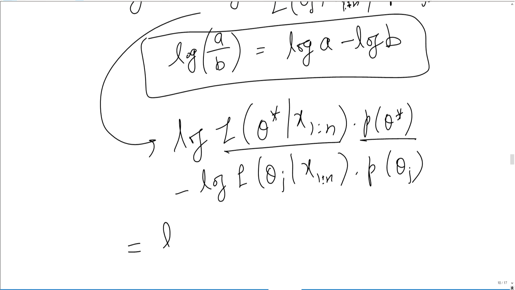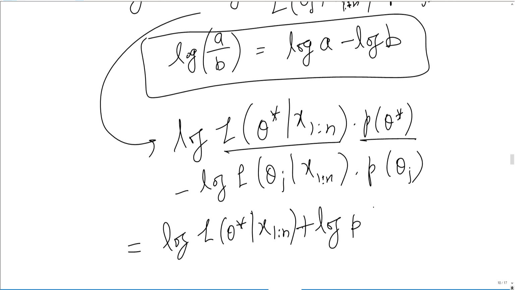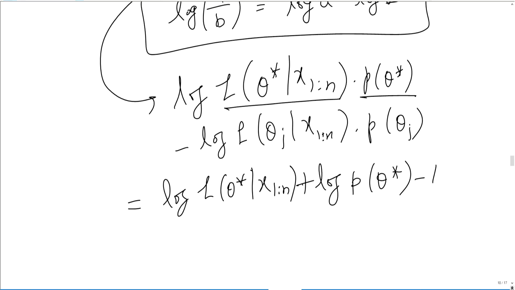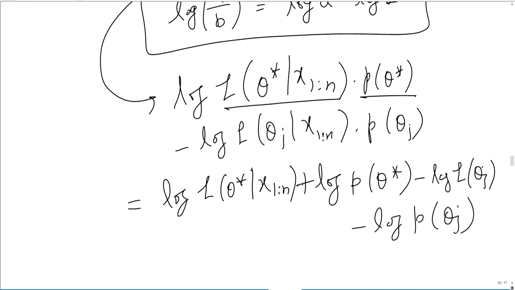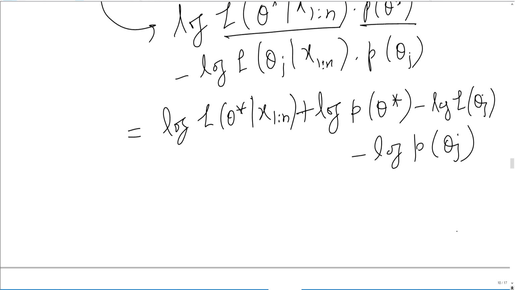So we can rewrite this as log of the joint likelihood of theta star plus log of the prior density of theta star minus log of the joint likelihood of theta j minus log of the prior density of theta j. Okay, so this is what we get. This will give you log of h, and later on you can also take its exponent.